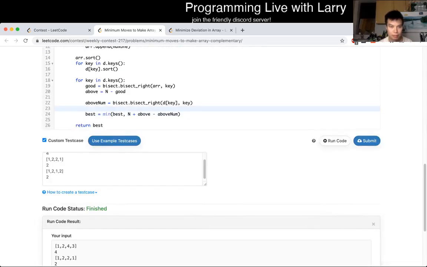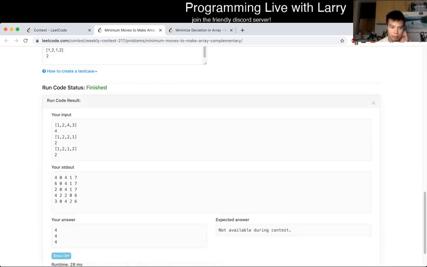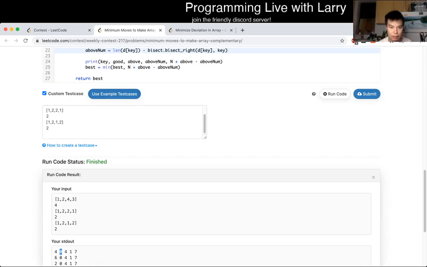But that is not right. That is not true.